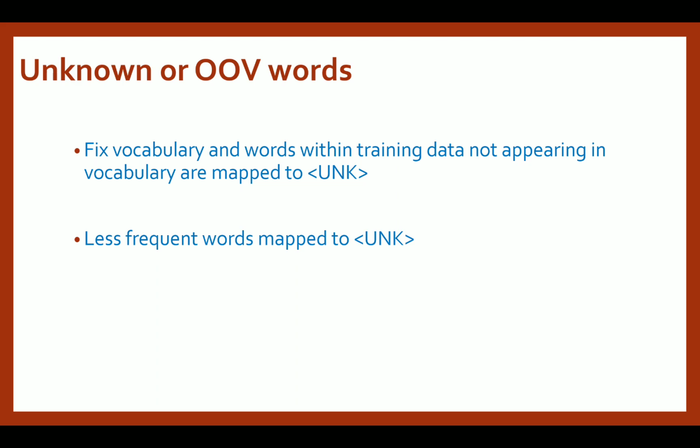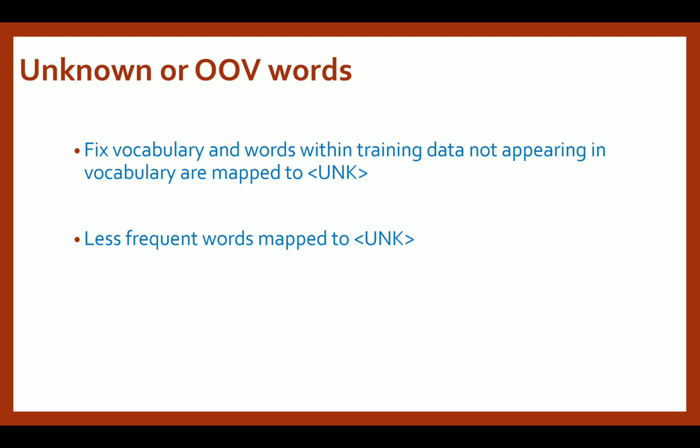There are two ways. The first is if you have a fixed vocabulary, the words which are outside of this vocabulary, you can put into an unknown category and treat that unknown as any regular word.